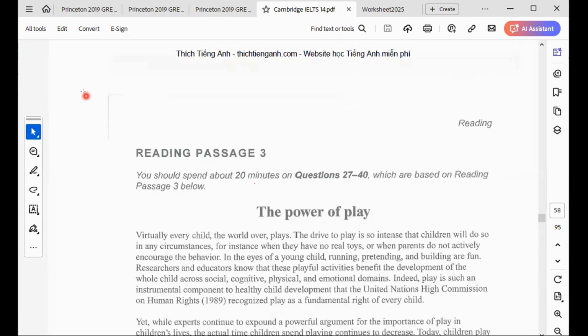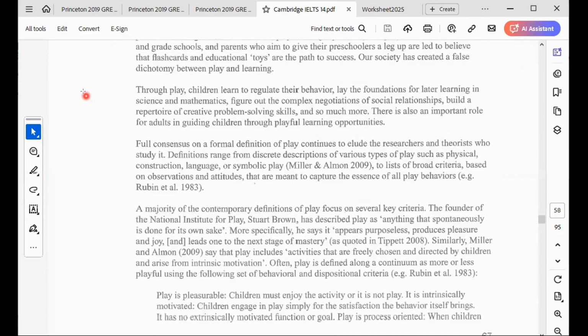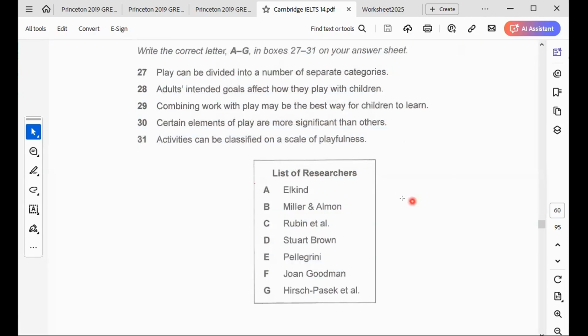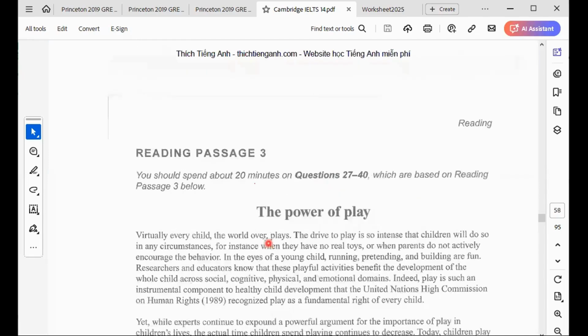Then, to a list of broad criteria based on observations and attitudes that are meant to capture the essence of all play behaviors. Rubin et al. Stuart Brown, Rubin et al.